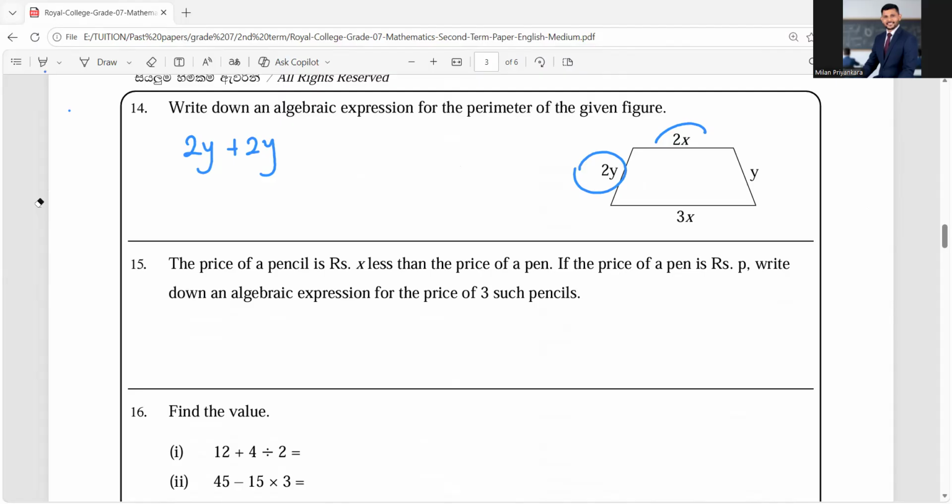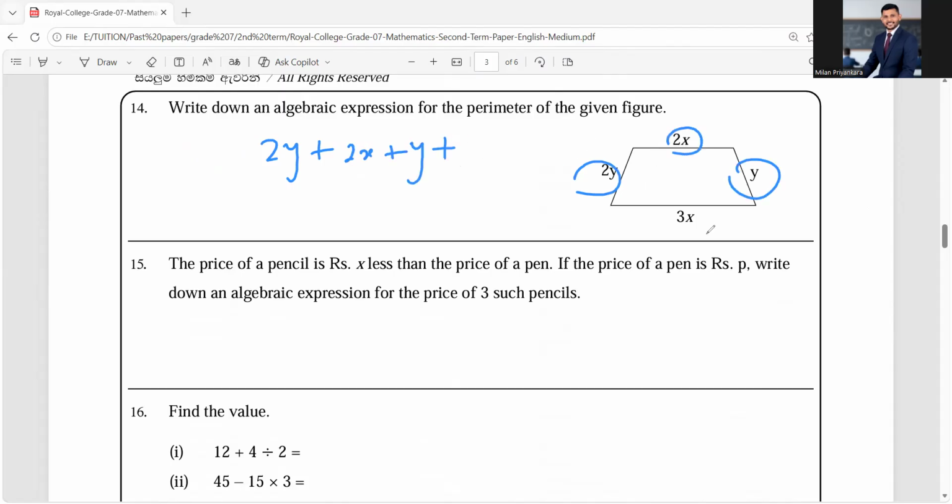Let's go again. This is this 2y plus this 2x plus this y plus this 3x. Now 2y plus y is equal to 3y, and 2x plus 3x equals 5x. Very simple, right?